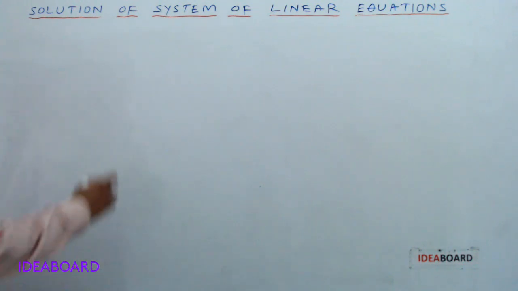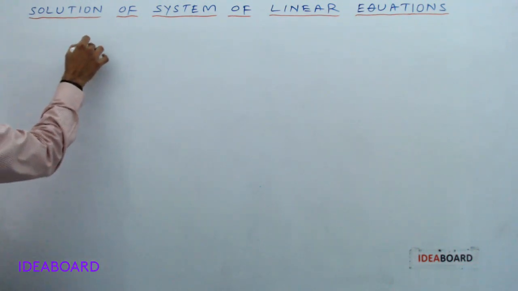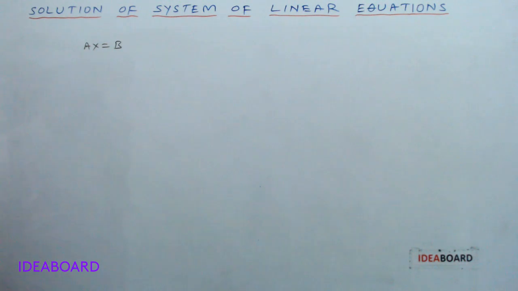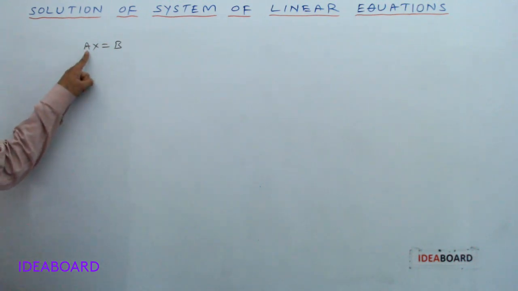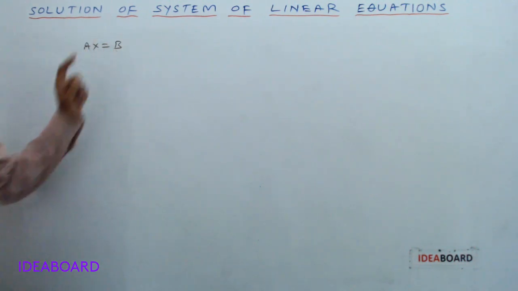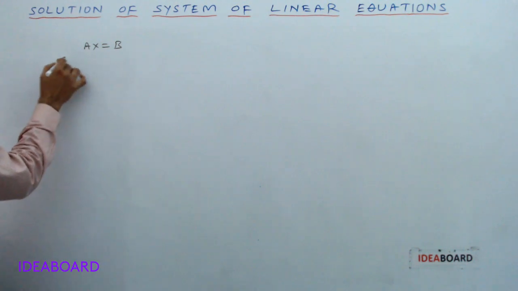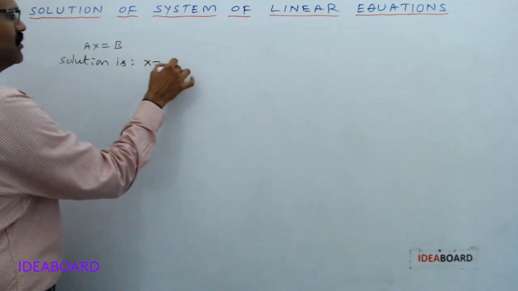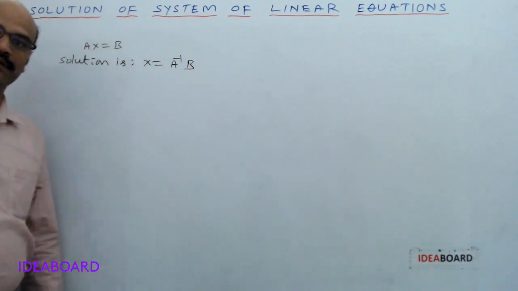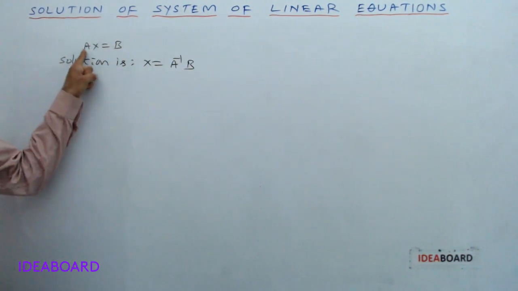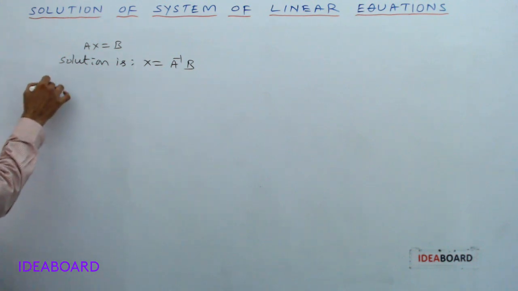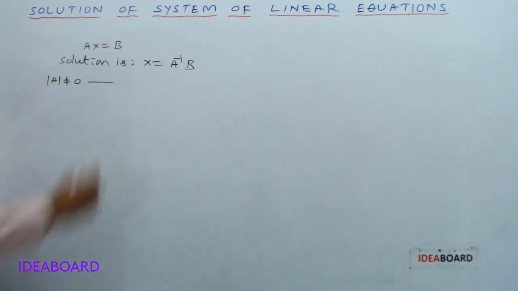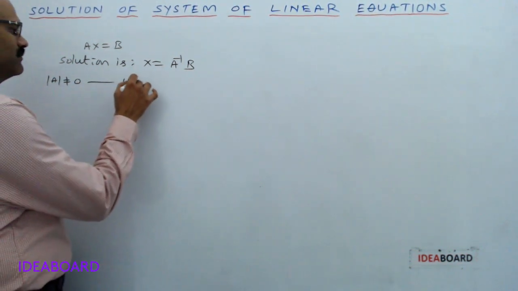Just now we proved that whenever we have the system Ax equal to B and A is a non-singular matrix, then the solution is x equal to A inverse B. Whenever det A not equal to 0, we have a unique solution.